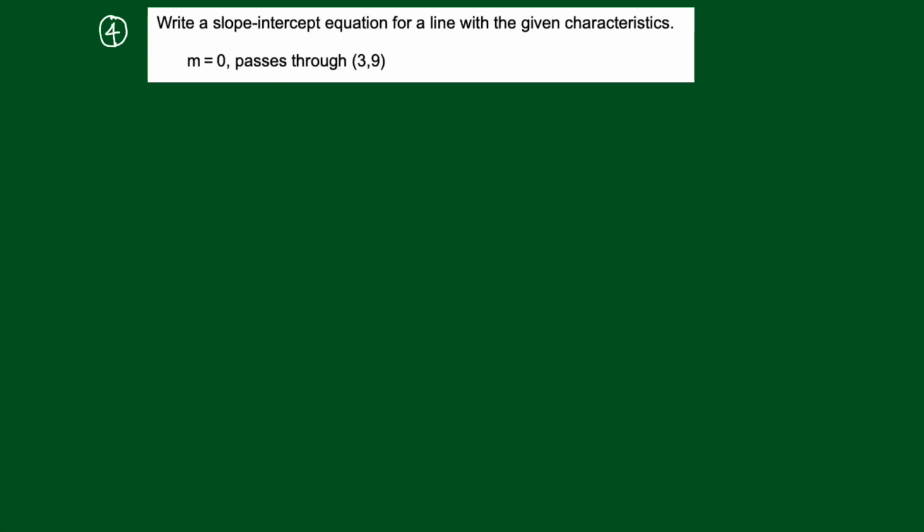Let's find the slope-intercept form for the equation of this line. Now the slope-intercept form, just so we know where we're going, is this. Y equals mx plus b. Now I can't directly use this formula here because although I have the slope, which is 0, I don't have the y-intercept. All I know is that this line passes through the point 3,9.